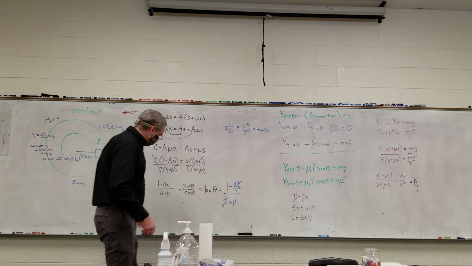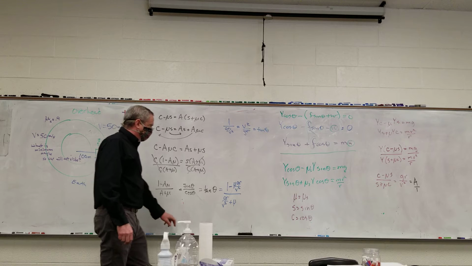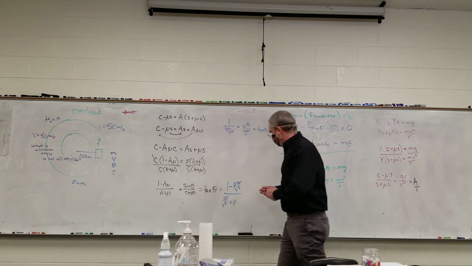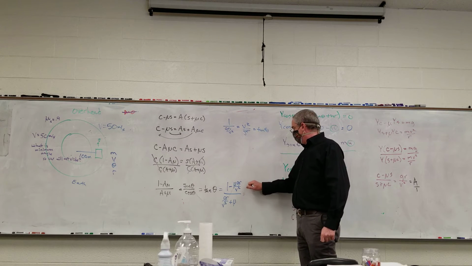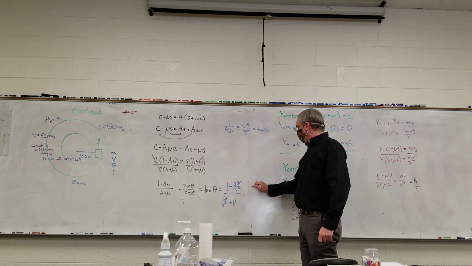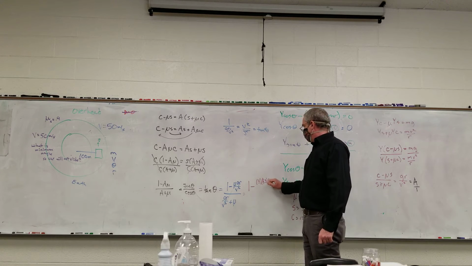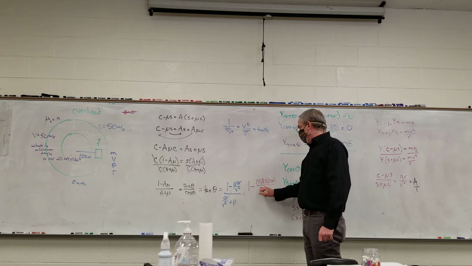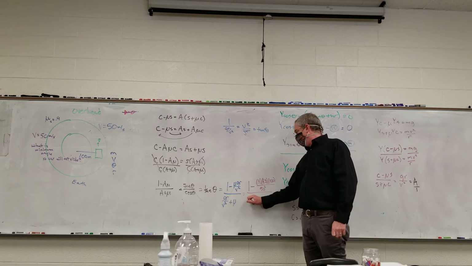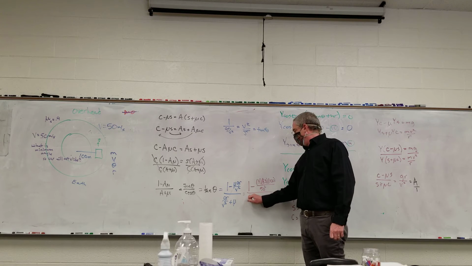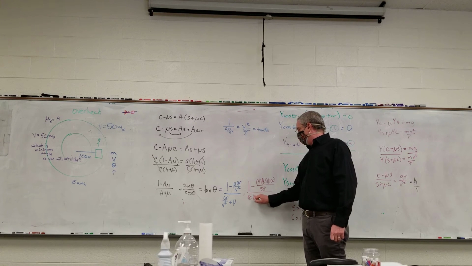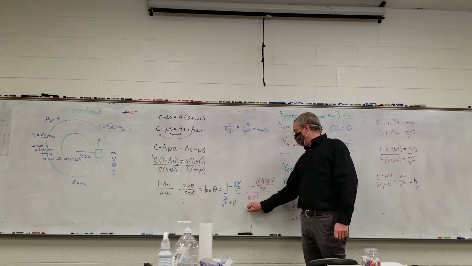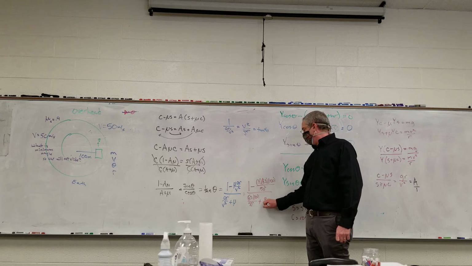Now we plug and chug. One minus 0.9 times 9.8 times 100 over 50 squared, divided by 9.8 times 100 over 50 squared plus 0.9.